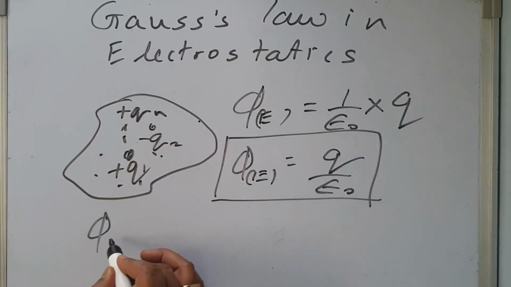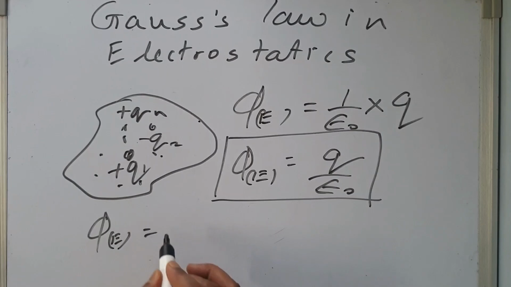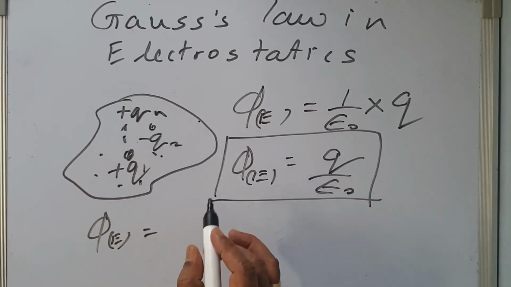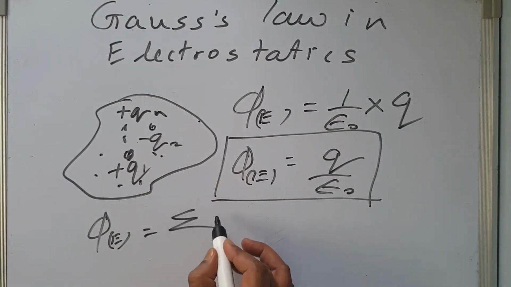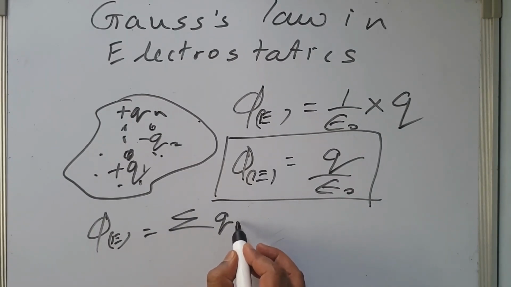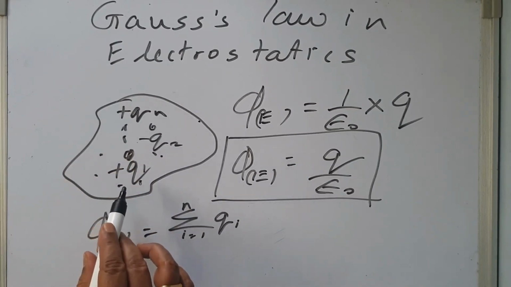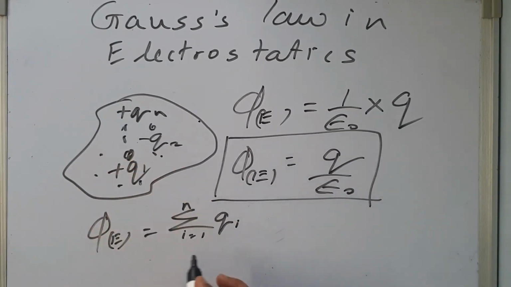Then the total flux over this closed surface will be the algebraic sum of all these charges divided by epsilon naught, that is sigma Q, from 1 to n, adding up all these charges scalarly, plus and minus, divided by epsilon naught. This is Gauss's law in electrostatics. Next video, we will discuss the applications of Gauss's law.